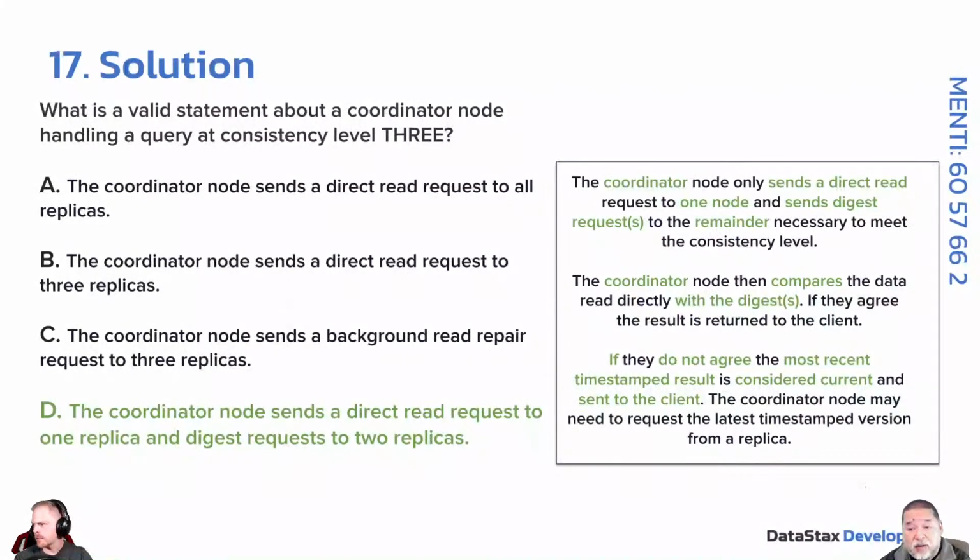So it gets the data from one node and gets digest from the others, and then compares a digest of the data it's received to the 2 replicas. In the best case, they match, and the coordinator has the data, has agreement from all 3 nodes, returns the data.